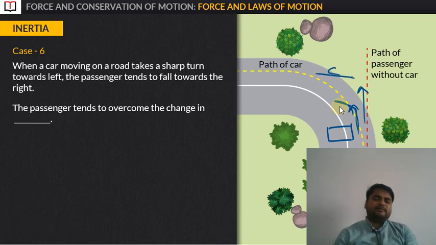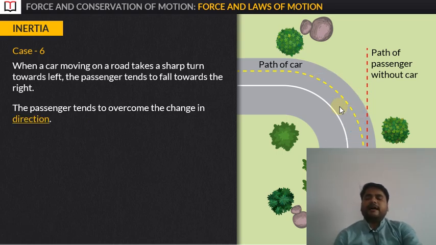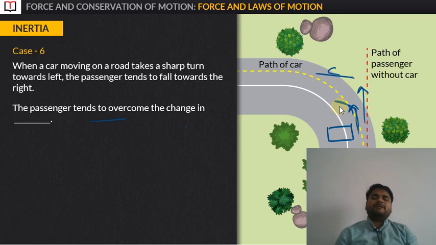getting changed. It means at the point of turn, the direction of velocity gets changed. It means here the direction of inertia is getting disturbed. So the passenger tends to overcome the change in direction. It means the direction of the inertia is getting disturbed.